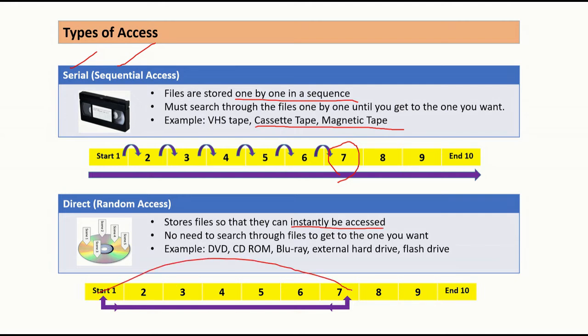Here you can have instant access to your data, and when you want file number 7, you start from the beginning and directly access file number 7. Remember that serial access is also called sequential access. Also remember that direct access, another name for it is random access.